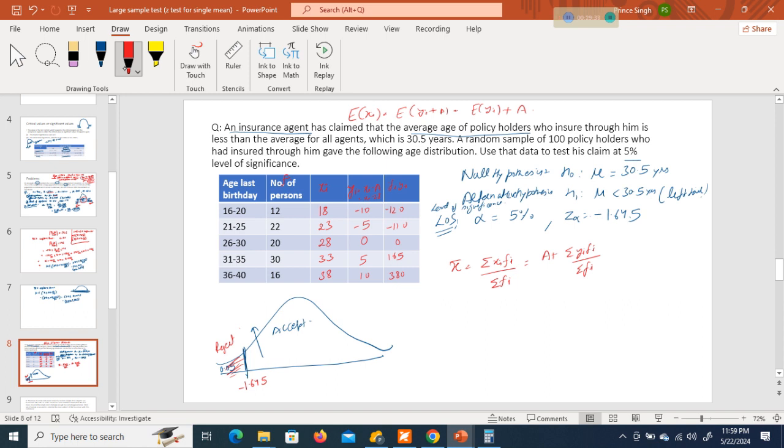Okay, so if we sum up, this is 545 minus 230. So it is 315. So it is 28 plus 315 divided by summation fi, which is 100 only.